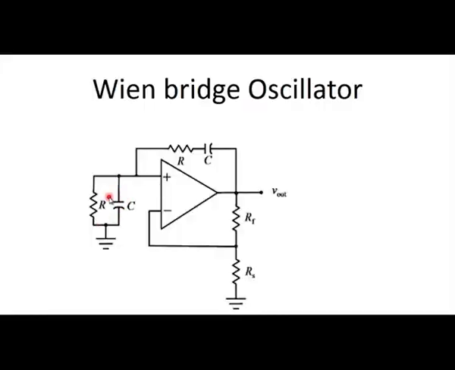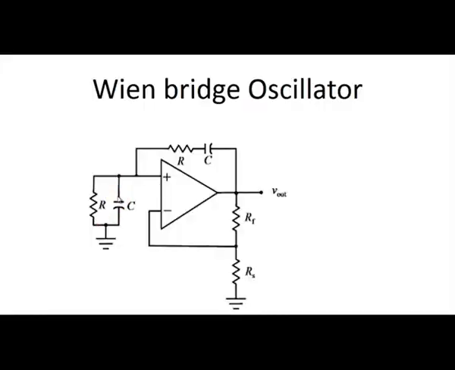In the case of RC phase shift oscillator, the amplifier itself produces 180 degree phase shift and the feedback network produces another 180 degree phase shift. So, the entire phase shift is 0 degree. Now, this amplifier is a non-inverting amplifier, so 0 phase shift is produced at the amplifier, and no phase shift at the feedback network.